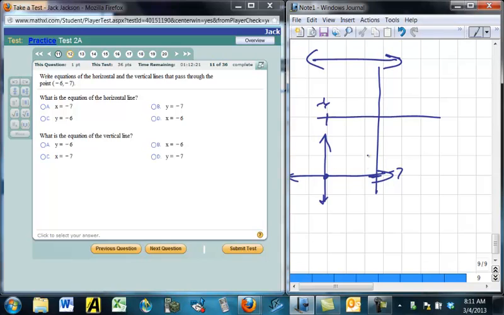Well, a horizontal line is going to be y equals whatever the y is there, -7, and the vertical line is going to be x equals whatever the x is, -6. So horizontal will be y equals, so that's this one, B, and the vertical one is x equals whatever the x coordinate is, -6, that's also B.